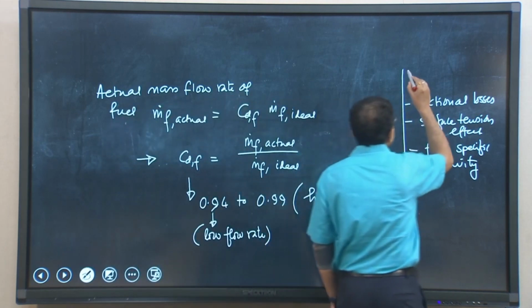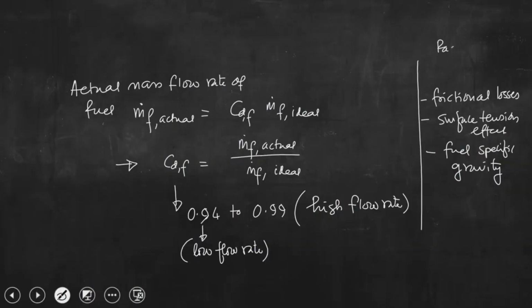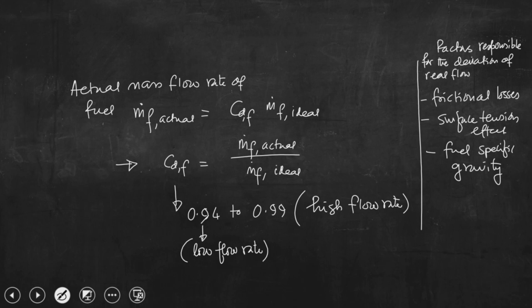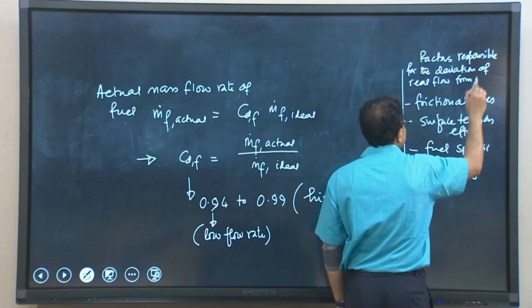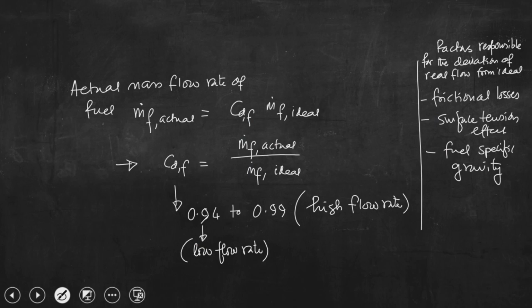So, these are the factors responsible for the deviation of real flow from ideal flow, right.